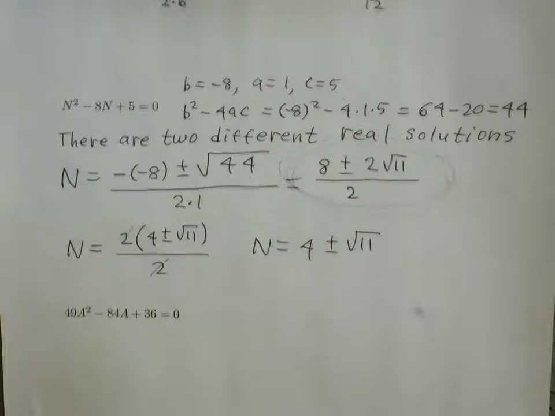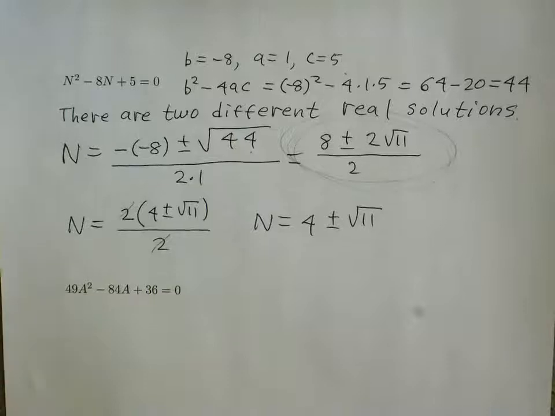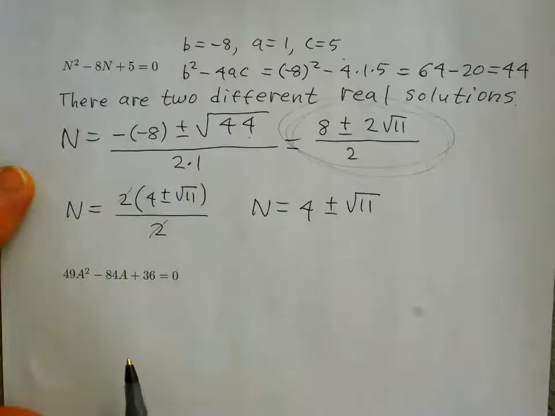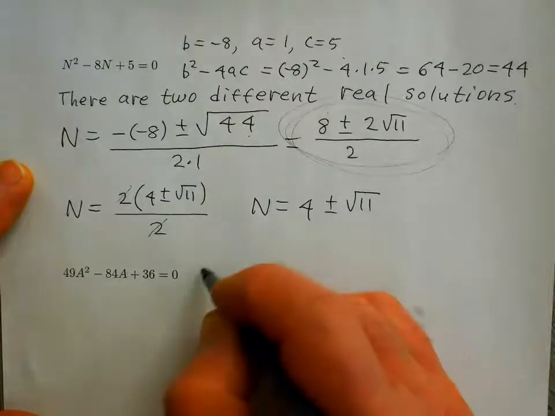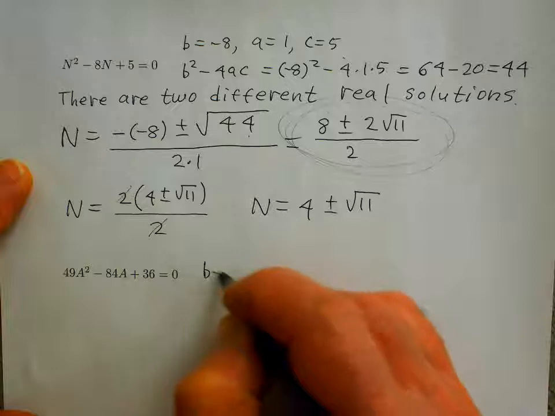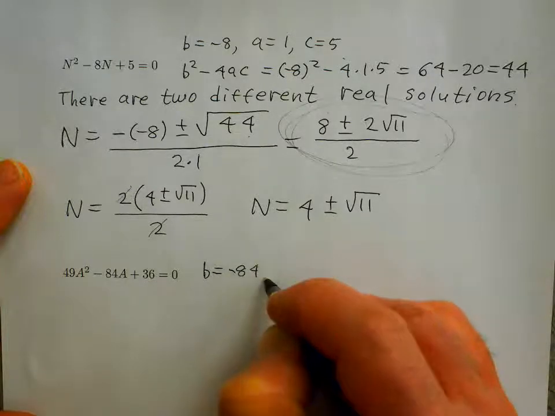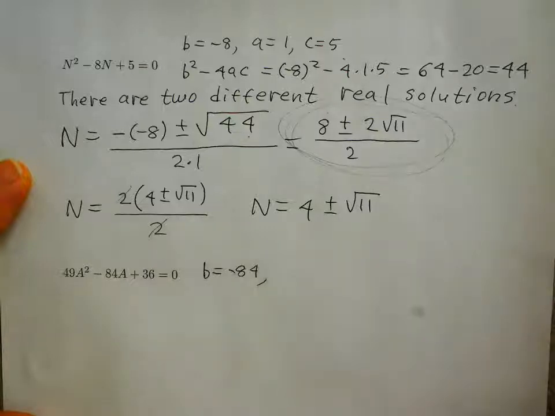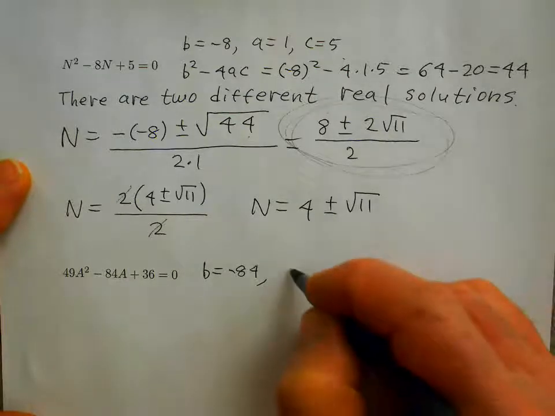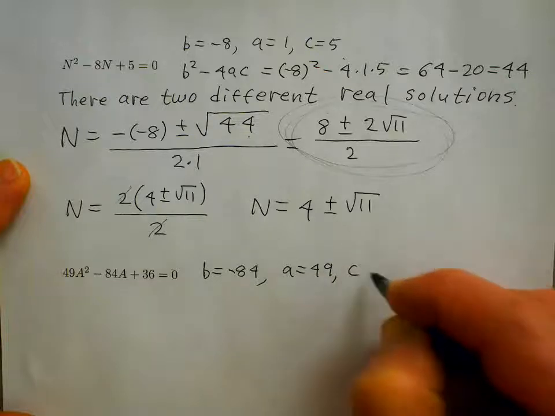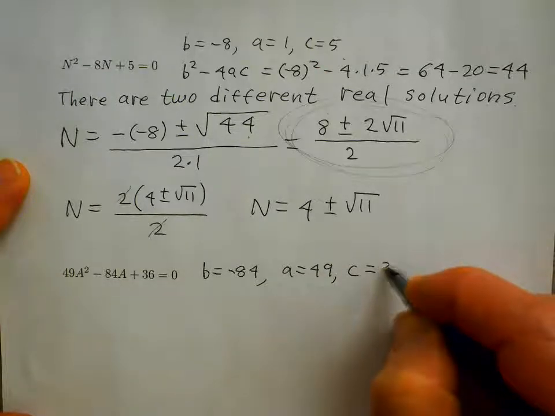Okay, the next one, 49a to the second minus 84a plus 36 equals 0. Okay, so on this one, b is -84. a is 49. c is 36.